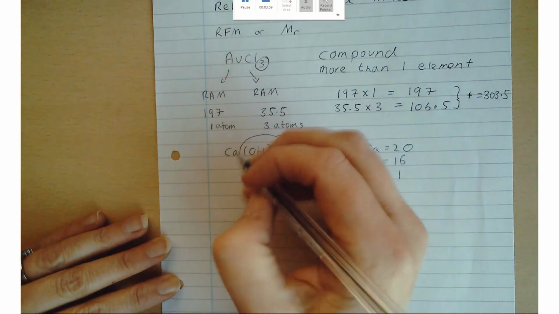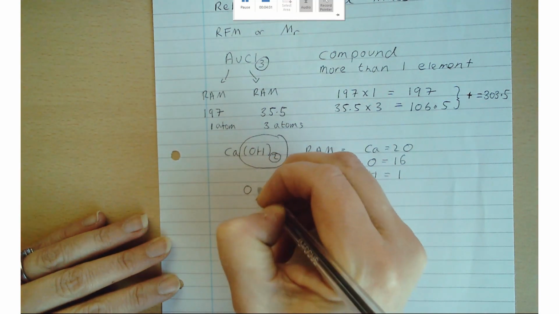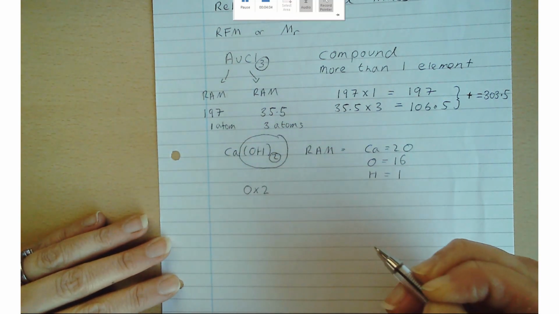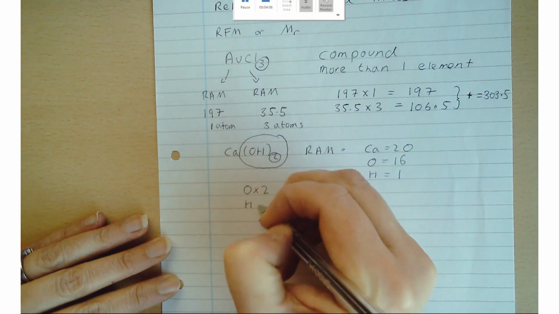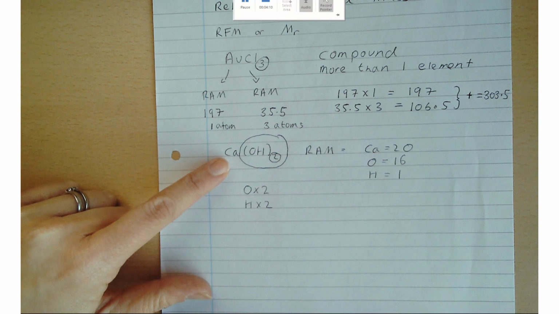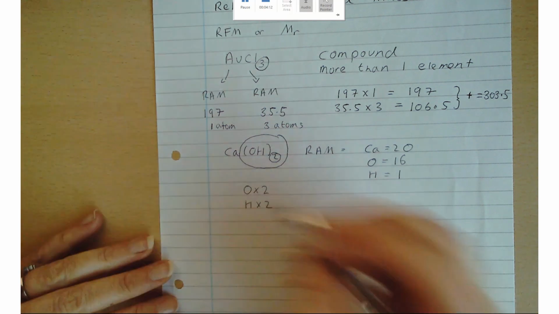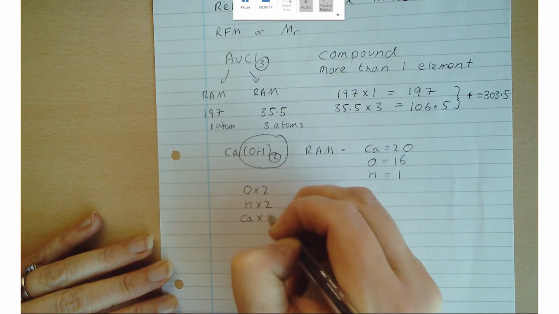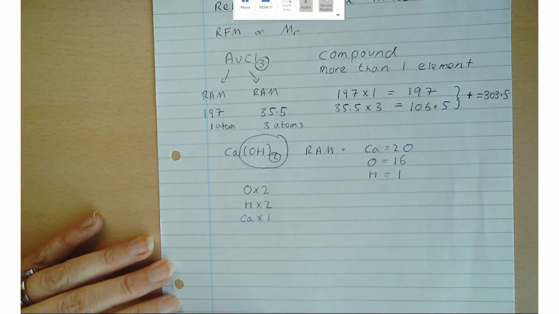The use of brackets means that everything inside the brackets is times by the number outside the brackets. So that means I have O times 2 atoms and hydrogen times 2. Calcium is not in the brackets, so calcium is only times 1.